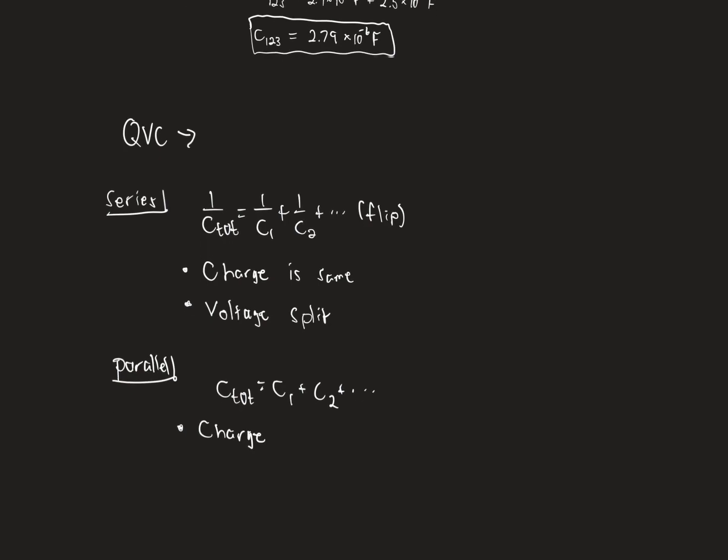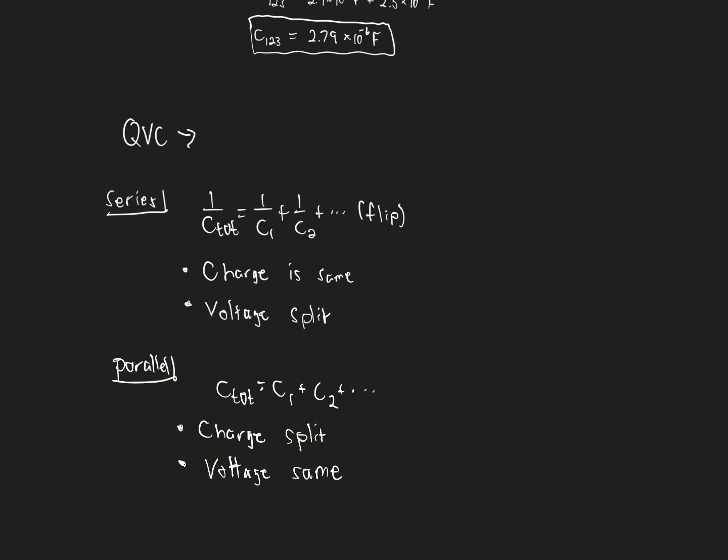If charge in series is the same, what do you think happens to charge in parallel? It's going to split. Everything can't be the same. But then voltage, what happens to voltage? Voltage in parallel is the same.